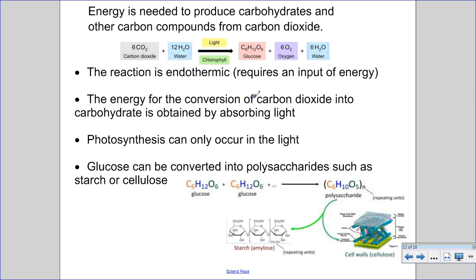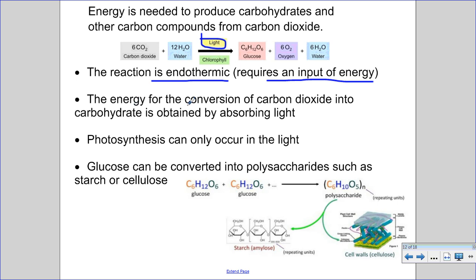Now, energy is needed to be able to take carbon dioxide and turn it into a carbohydrate. So as shown in the reaction here, light is needed in this process. And so this reaction is referred to as an endothermic reaction, meaning it requires an input of energy, and that input of energy comes in the form of light.